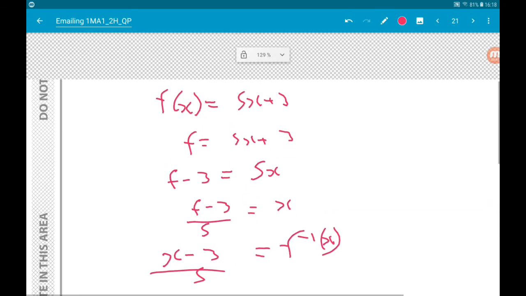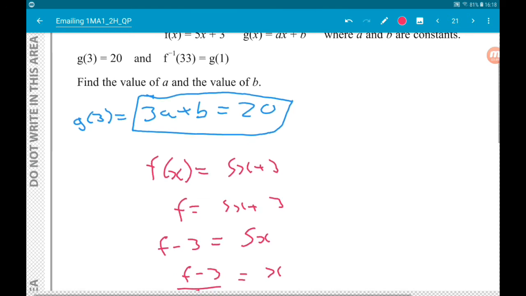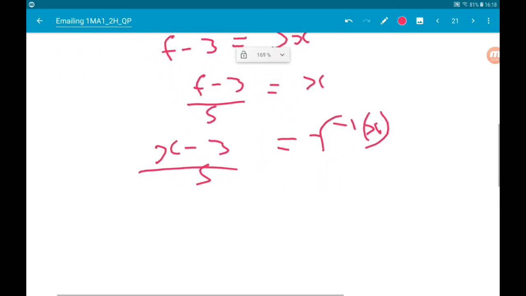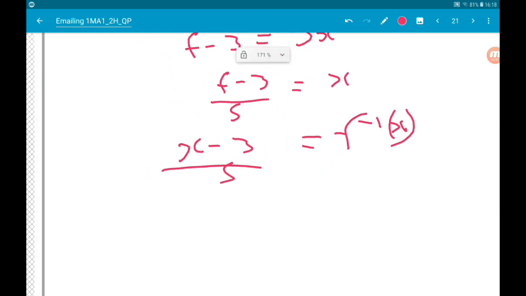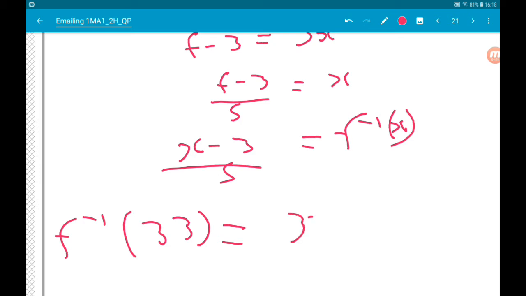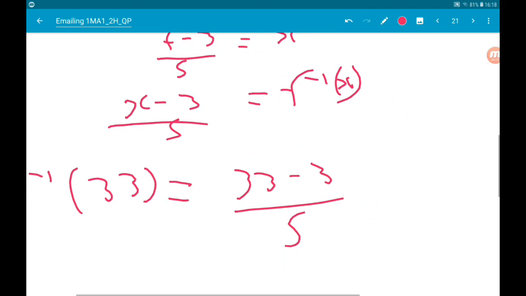So from that, we can now get that f inverse of 33 is 33 minus 3 all over 5, which is 30 over 5, which is 6.